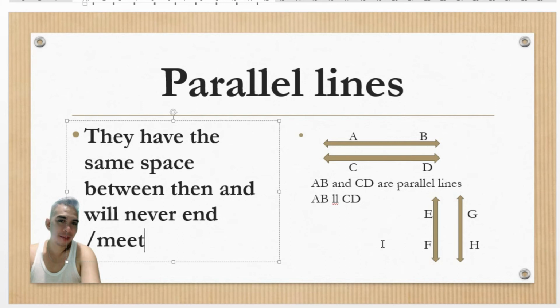So, hindi po talaga silang magkakatagpo na dalawa or hindi maaaring magkadikit. Okay, so pag binasa po natin ito, line EF parallel to line GH, or EF and GH are parallel lines. So, always remember, learners, this is the symbol of parallel.